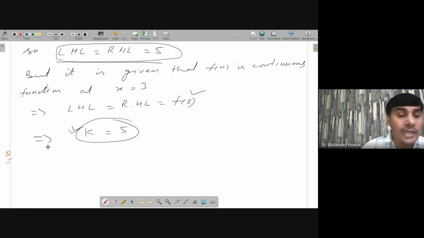For what value of k is the function continuous at x is equal to 0?